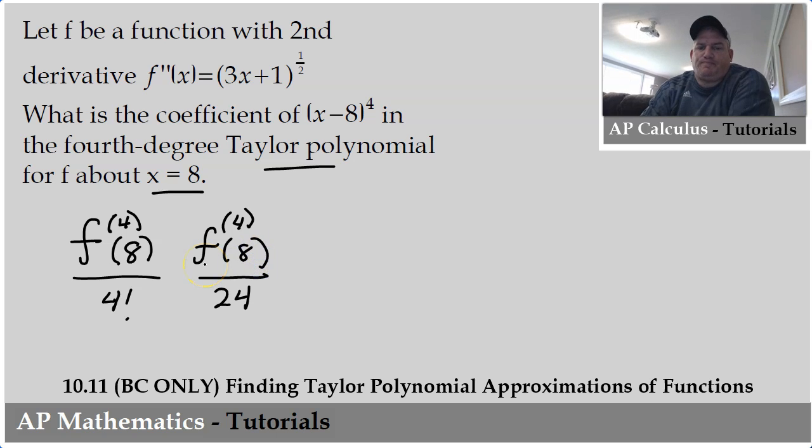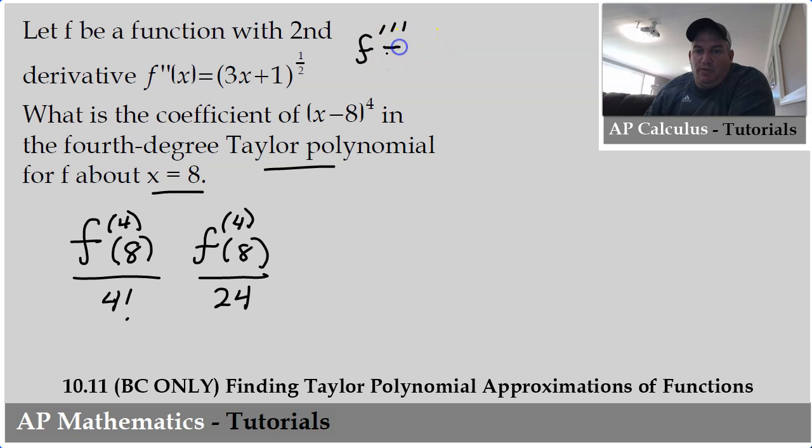So we have the second derivative already given to us as quantity 3x plus 1 to the half power. So I think we could take the third derivative. So let's find the third derivative, f triple prime.